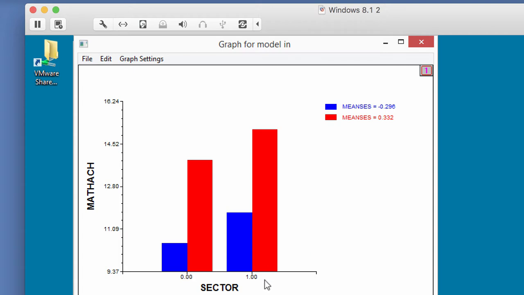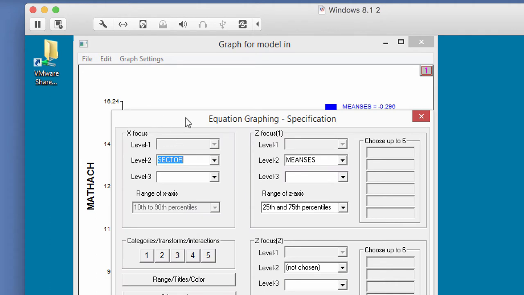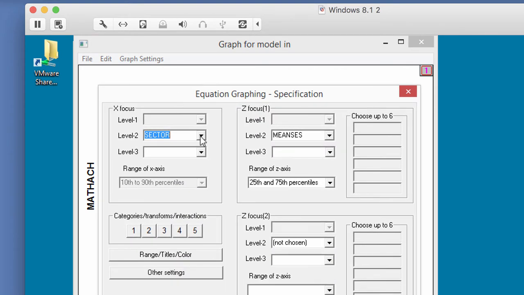The same is true with Catholic schools. You can see that low SES students have lower math achievement than high SES students. Now there's another thing we can do when looking at this data.